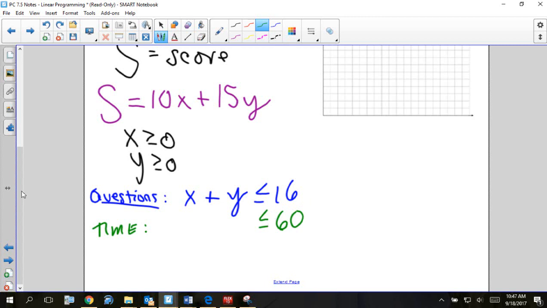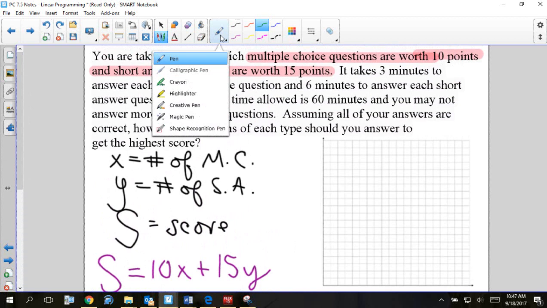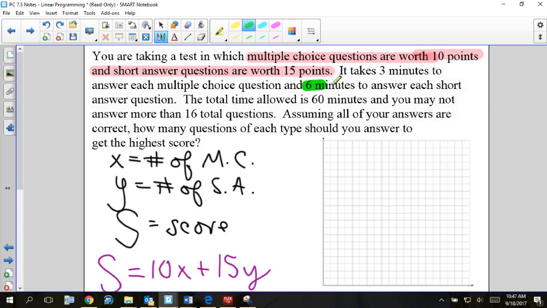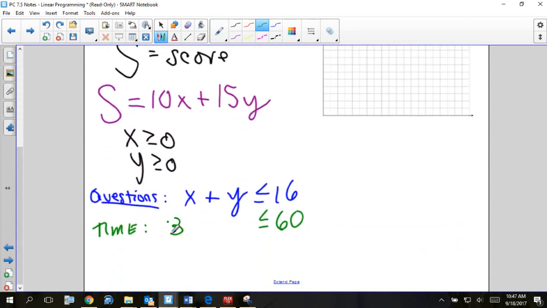If I'm going to highlight 60 up there, then I'm going to highlight anything that has to do with minutes. That's what's going to make up my equation with the minutes, the 3 minutes and the 6 minutes. It'll be like 3x plus, was it 6 minutes?